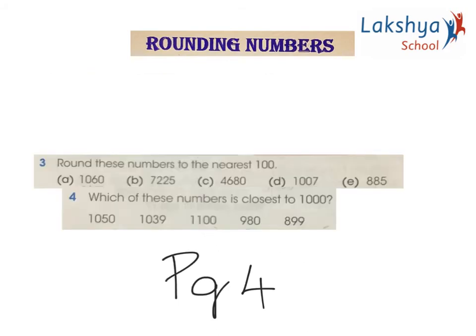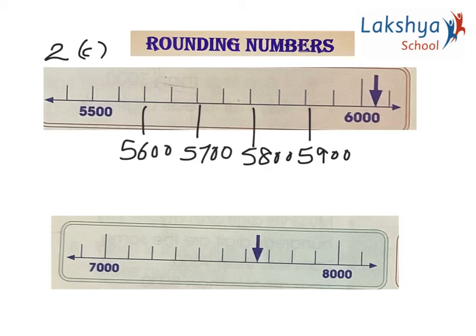Work out these sums on page number 4. Let's solve question number 2 on page number 4. See, over here there is a number line which has been marked. This is 5500 and over here they have marked it as 6000.